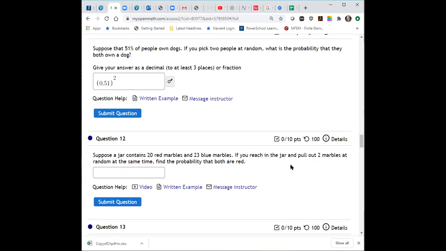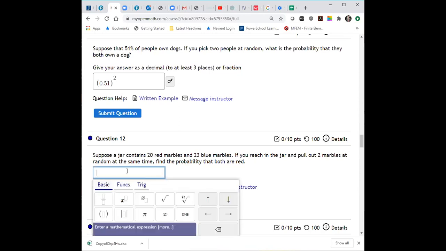For this case, we call it a dependent event. You need to find the probability if you pick out 2 marbles at random at the same time.